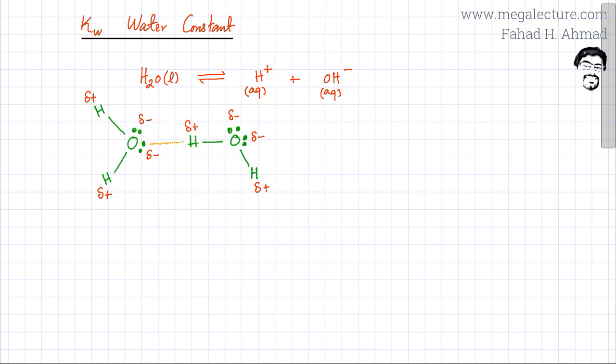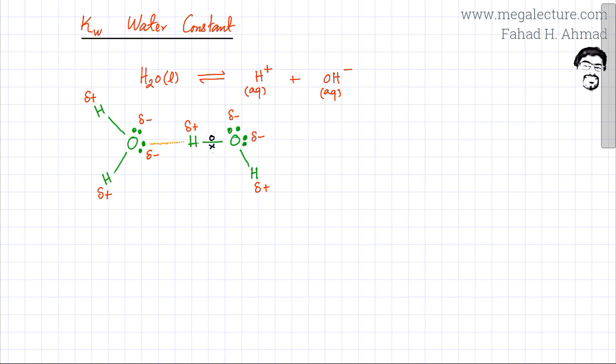Sometimes what happens is that the positive hydrogen would be attracted so strongly to this lone pair that this oxygen-hydrogen bond would break. The reason why it would break is because there are two shared electrons in this particular bond. But remember, these lone pairs have a negative charge. So if this negative charge comes sufficiently close to this hydrogen, the electrons over here are going to be repelled by the negative charge on this other water molecule.